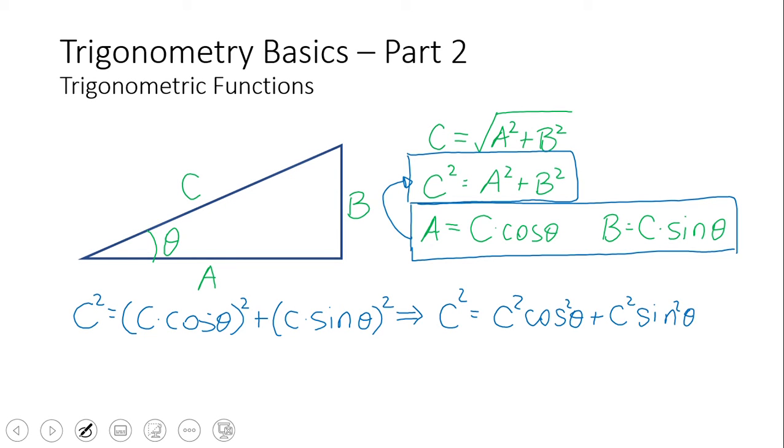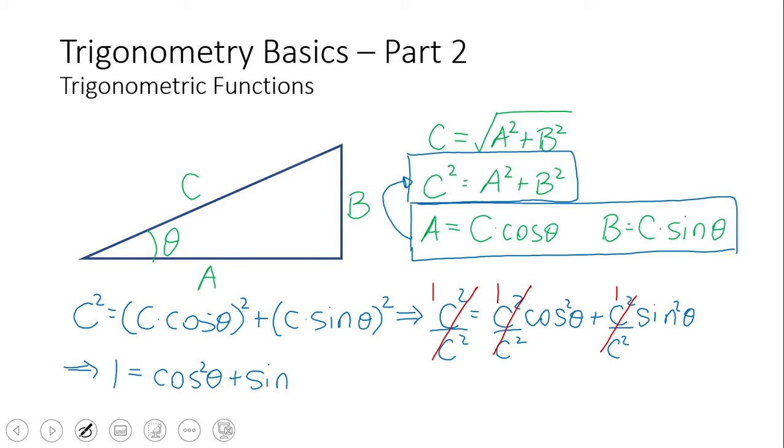But C squared is common to all of them, so I can divide both sides by C squared. Dividing the left gives me 1. These also give me 1. And so I come to this very important identity, which tells me that 1 is equal to cosine of theta squared plus sine of theta squared.